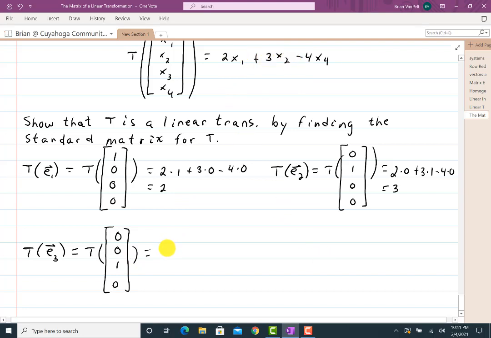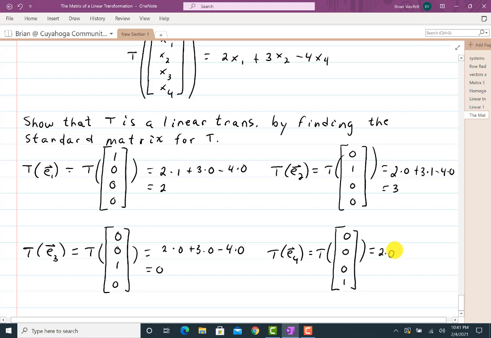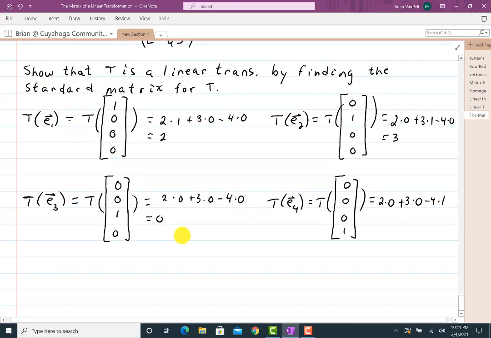So I'll get 2 times 0 plus 3 times 0 minus 4 times 0, which is 0. And then T of e4, that's our last one. That's T of all zeros except a 1 in the last spot. The first entry is 0, the second entry is 0, but the fourth entry was 1. And so for that one we get -4.